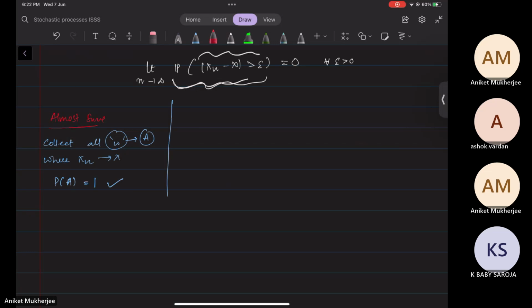You have convergence in probability. So what you do is you design an event of this form for each n. So A_n,epsilon is an event of this form. You find the probabilities of this event.